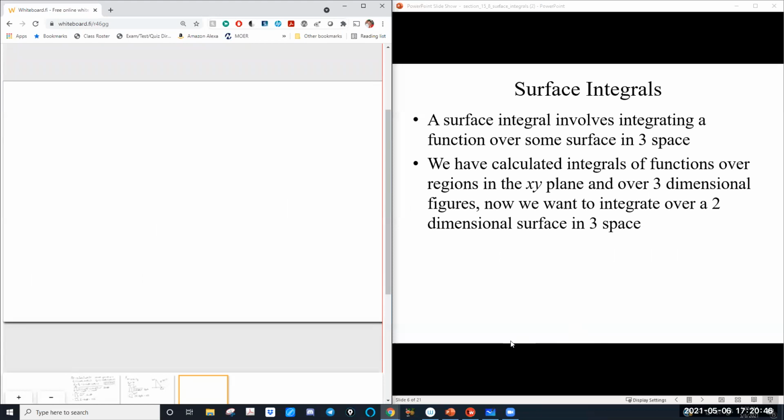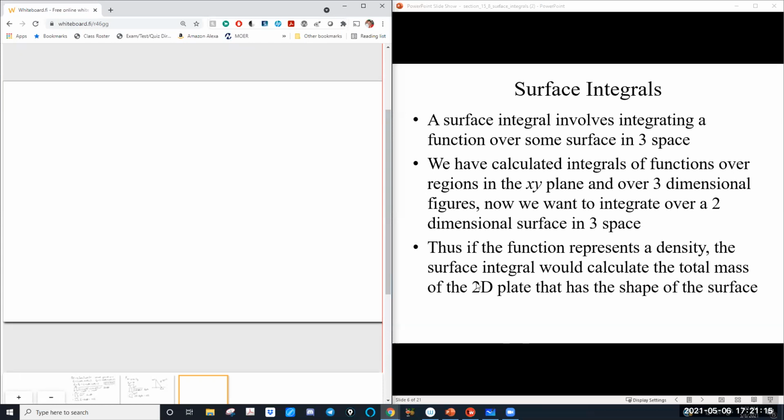Basically, what we did in chapter 14 is we integrated functions over regions in the XY plane, and we integrated functions over three-dimensional figures. Now we're going to integrate over a 2D surface in 3-space. The examples I'm going to do, we're going to integrate over these surfaces we already saw.